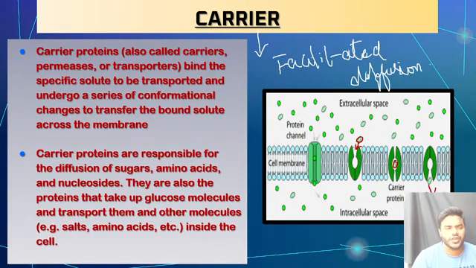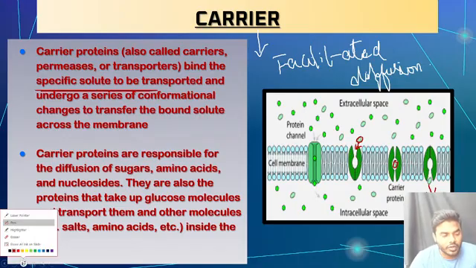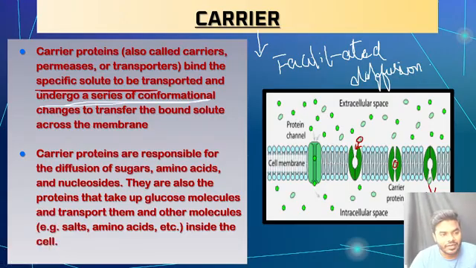Friends, always remember, every carrier has a specific solute binding site. The moment a particular solute comes and associates with that binding site, the carrier undergoes conformational changes, and it can easily allow the movement of that particular ion or molecule inside.